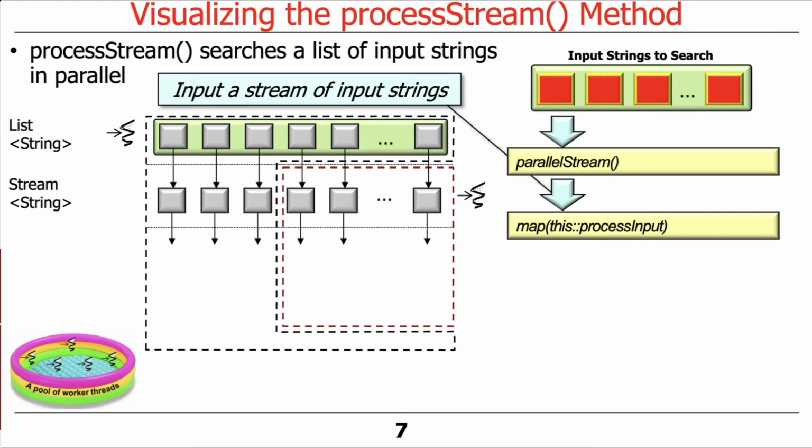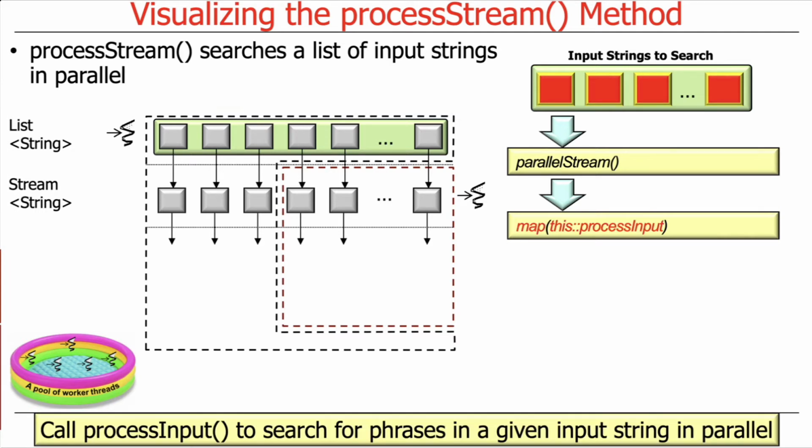The next thing we do is apply the map intermediate operation, passing in the processInput method reference. That's the other method we're about to talk about, the one that really does the searching on each input string. What happens there is that processInput will look for all the phrases in each input string in parallel.